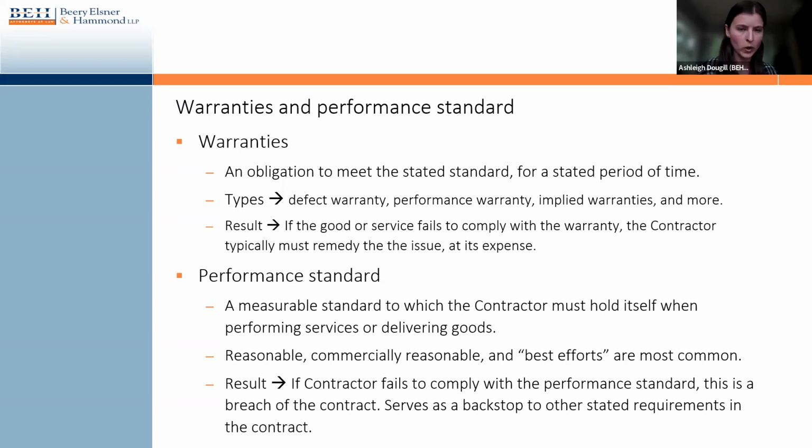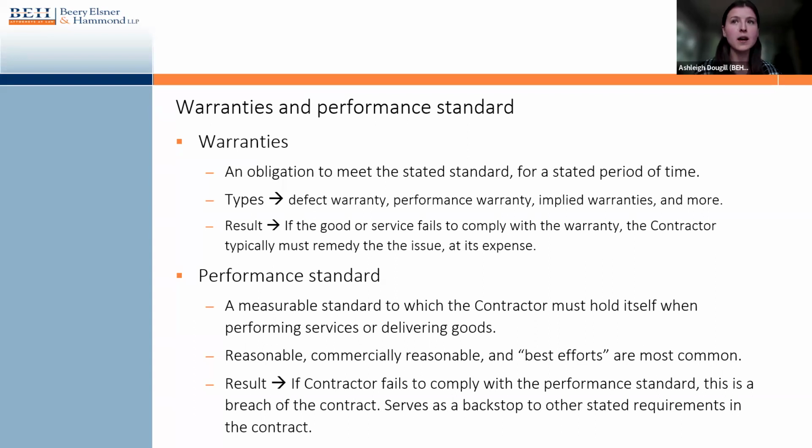There are many different types of warranties, but they primarily fall into two categories: express and implied. Express warranties have to be expressly stated in your contract, or else they do not apply. Implied warranties, from the name, are implicit in every contract unless you expressly waive them away.